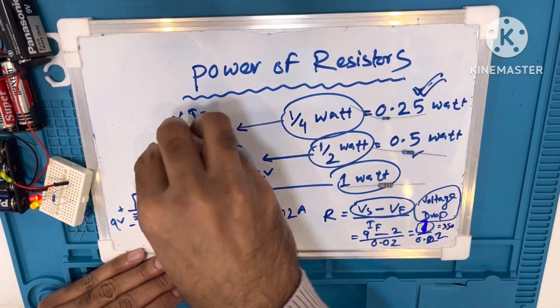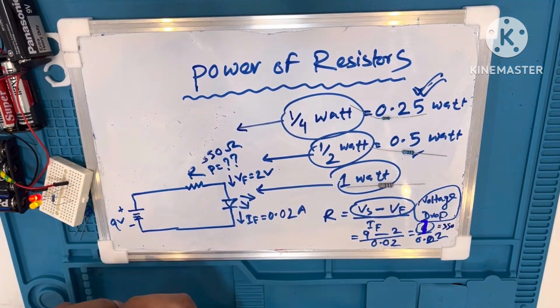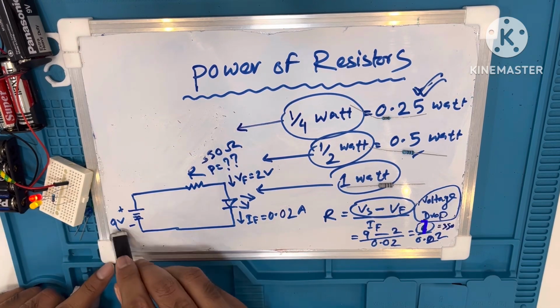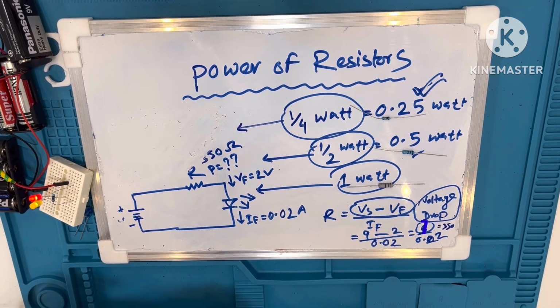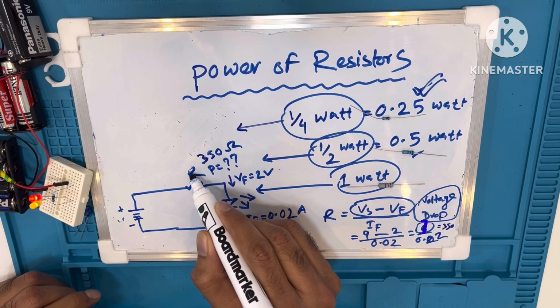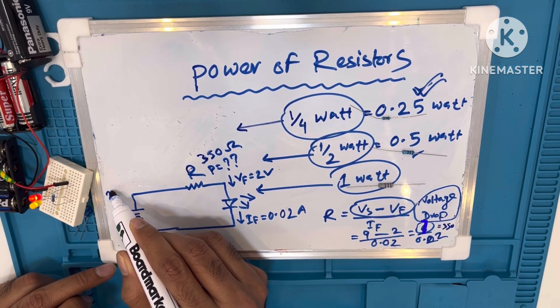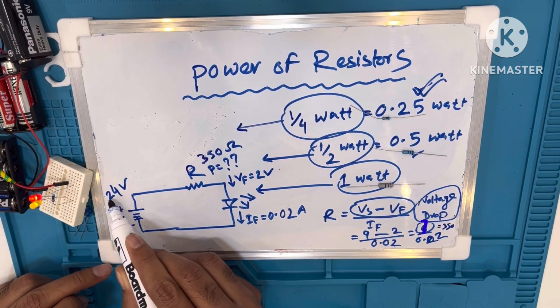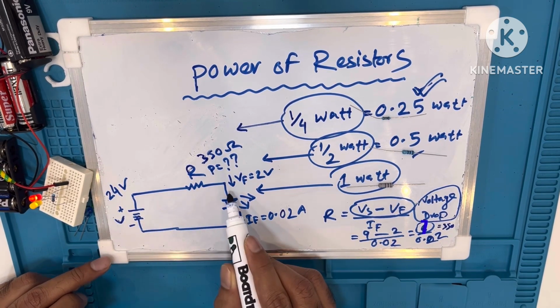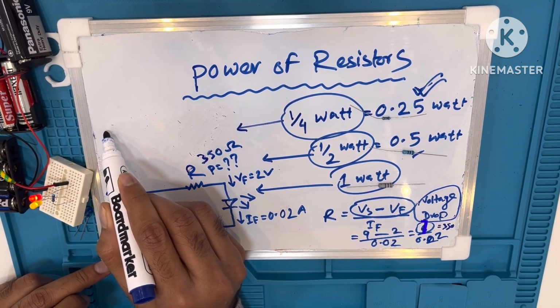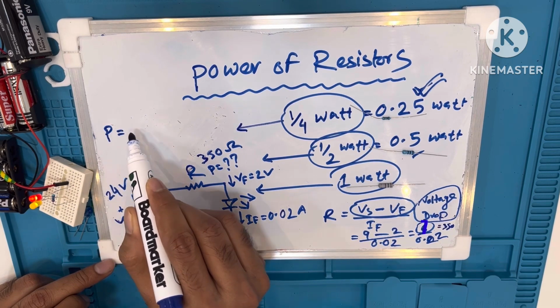Let's check another example to make this concept clear. Now we will change the source voltage. We will increase the source voltage and take, for example, 24 volts. Let's calculate which resistor we should use for 24 volts.